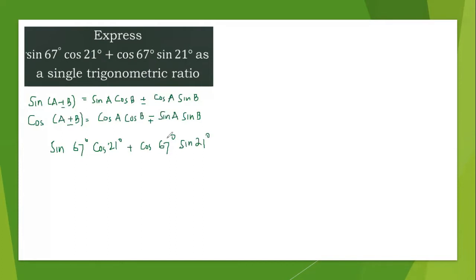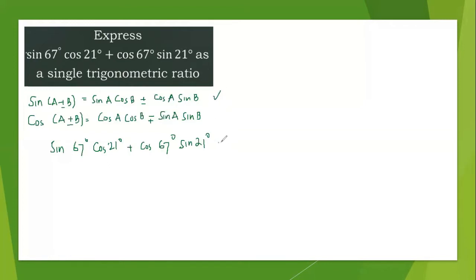Students, you can pay attention to this pattern: sine, cosine, cosine, sine. Then you have to make sure the order is right: the largest one and the smallest one in order, 67, 21, 67, 21. So which one is the correct formula to solve this one? Sine. Good, so the answer is one.